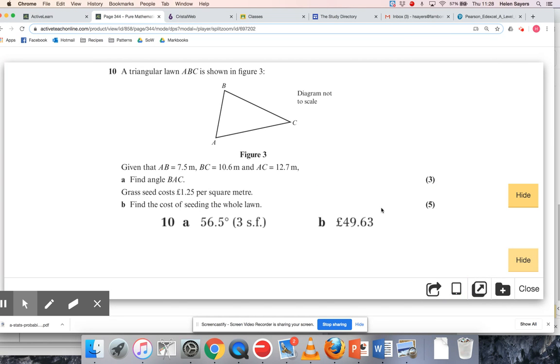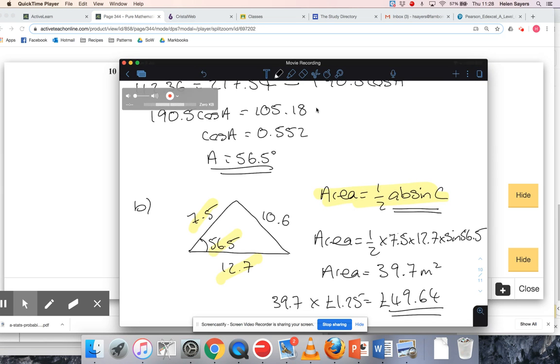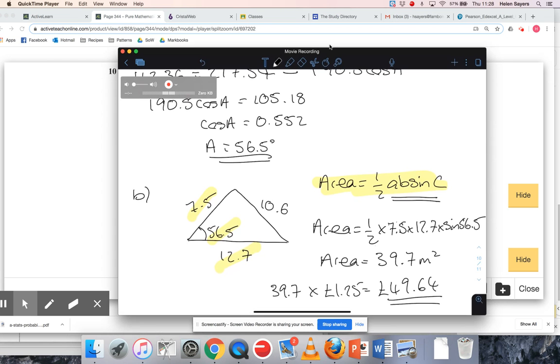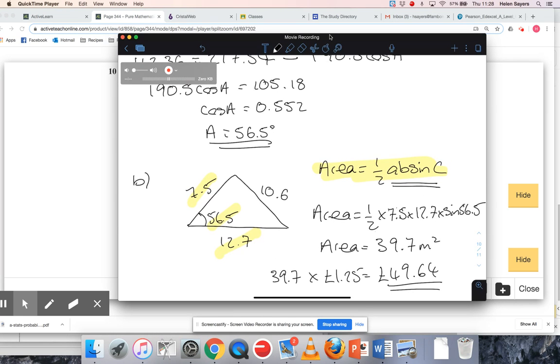So check that answer. Okay, so right, I am a penny different. Now I suspect if I go back to my working, that is going to be because I did not round anything. So I'm going to go back and do 39.7 times £1.25 to double check. Yeah, and that does match. If that happens, both values would be fine.